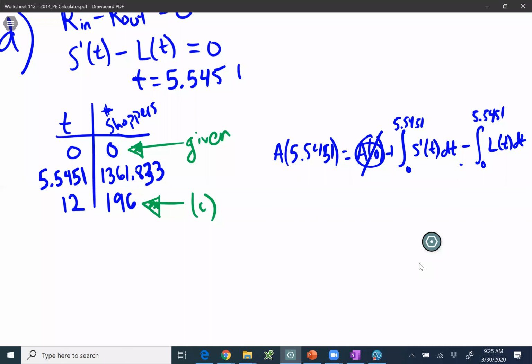So anyways, they asked for when is it the greatest. So the real answer, the when, is at the 5.541. But I like to always do this kind of as a sentence where we use both.